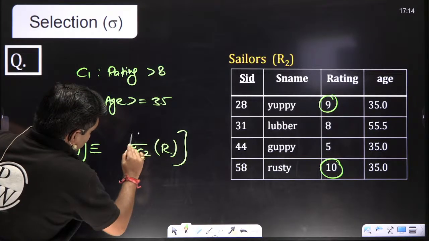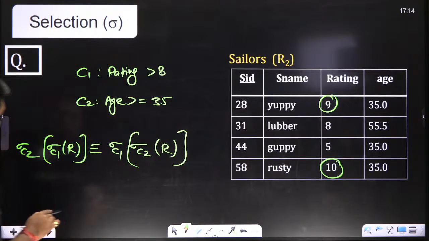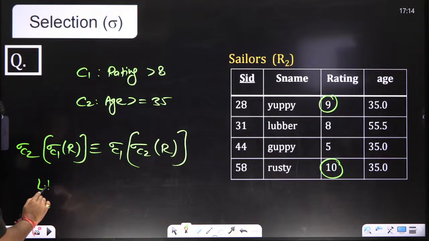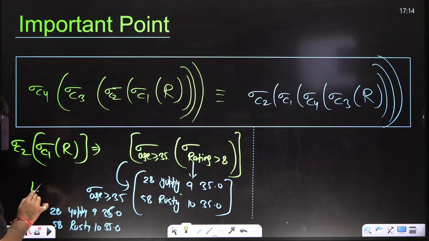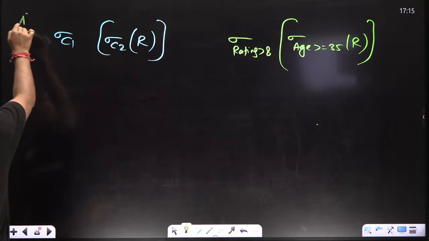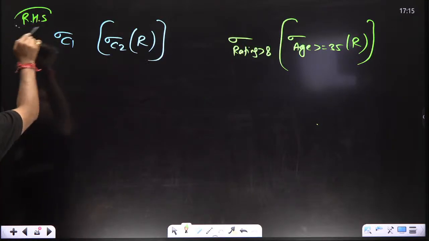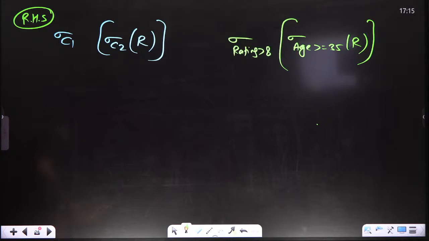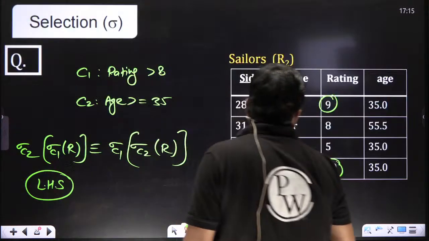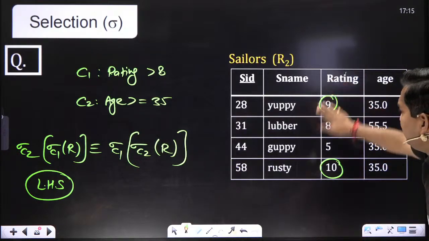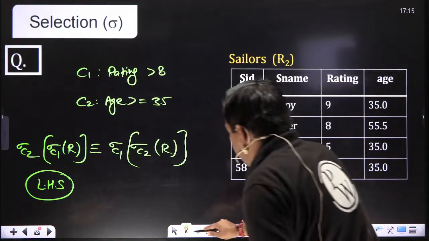So first of all, I show the LHS part: C1 then C2. This is the LHS output. Then C2 then C1 is the RHS part. Now age is greater than 35. What happens?